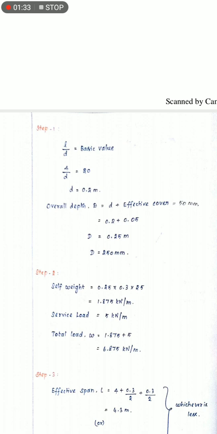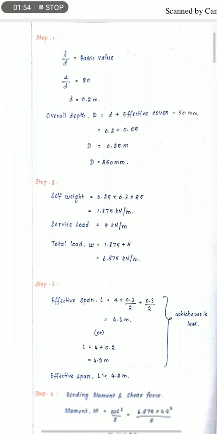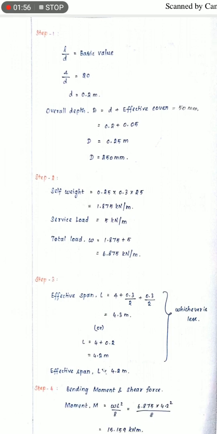According to IS 456, we can provide effective cover as 50 mm. Therefore, overall depth equal to small d plus effective cover, which is nothing but 250 mm or 0.25 meter. Then next step is load calculation.